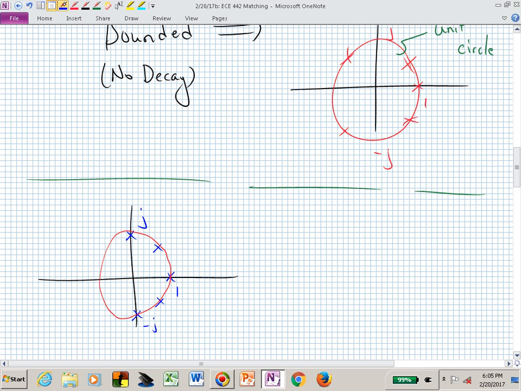But let's say that I now had some other poles, and my region of convergence is outside here. When is this x of n defined? For what values of n? For this region of convergence.